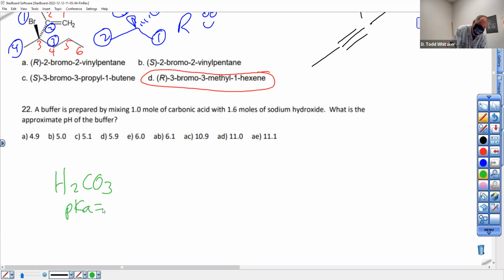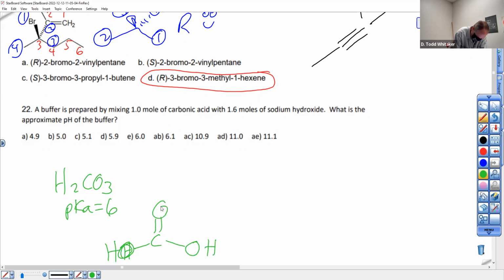What's pKa? You need to know it. Should be similar to a carboxylic acid, shouldn't it? No, it's not quite as good as a carboxylic acid. You give me 1 unit away, not 10. I noticed that. I did notice that.